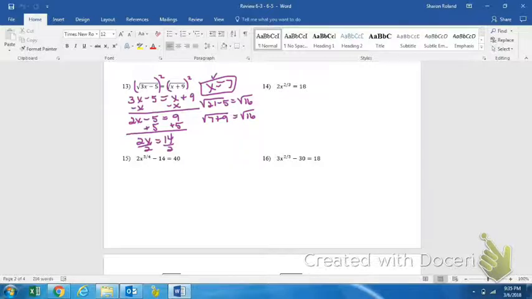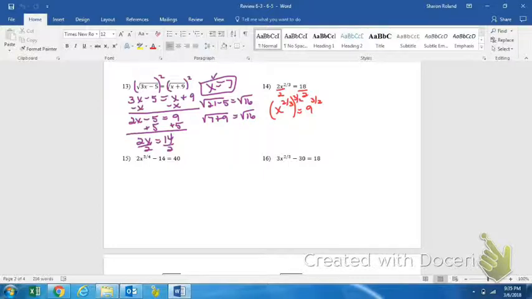Number 14, we need to isolate the x before we get rid of that rational exponent. So we're going to divide both sides by 2. And so you have x to the 2/3 equals 9. And the way you get rid of a rational exponent is you put it to the power of its reciprocal.